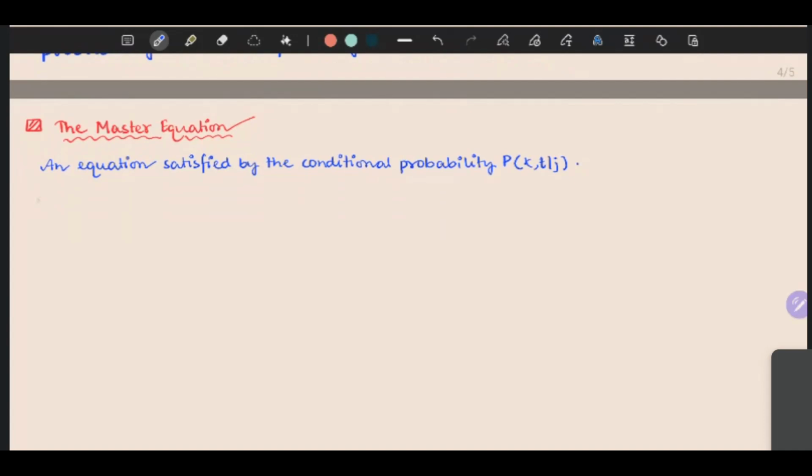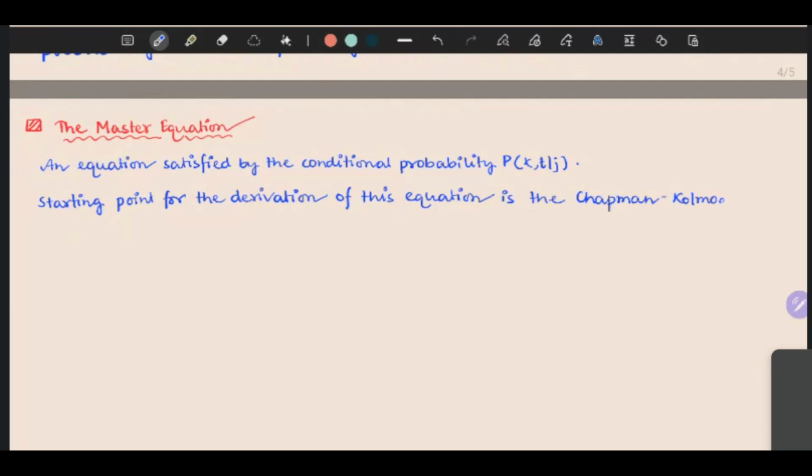So the starting point for the derivation of this master equation is the Chapman-Kolmogorov equation satisfied by the Markov processes.